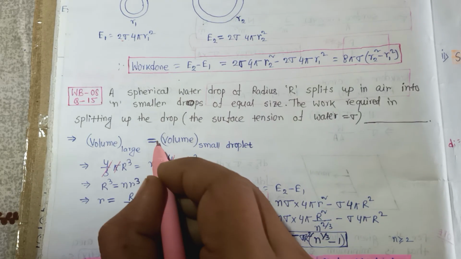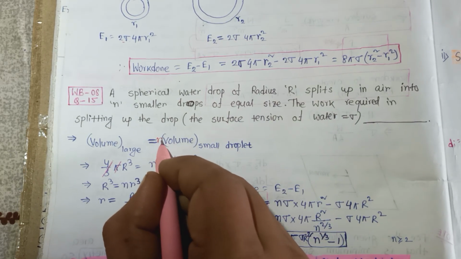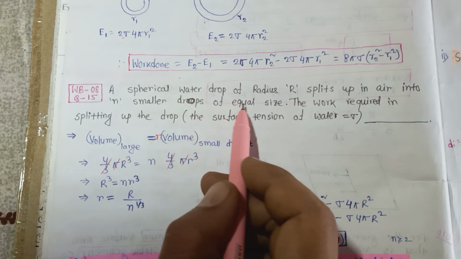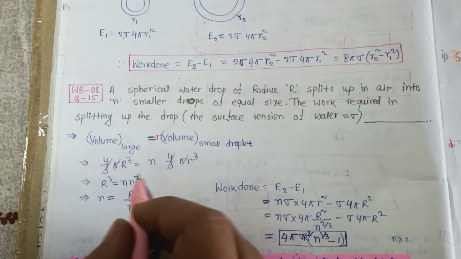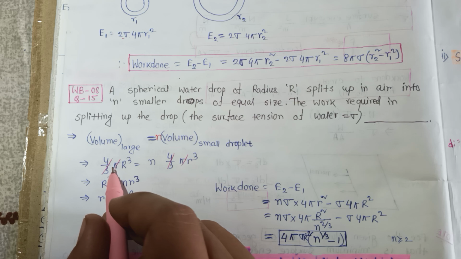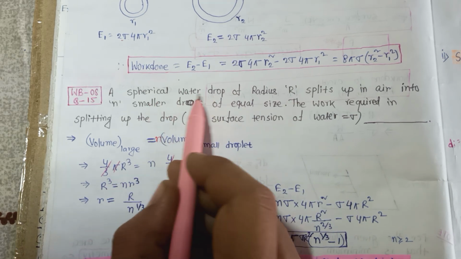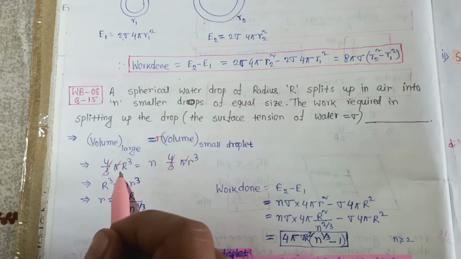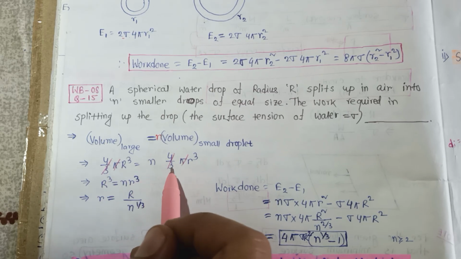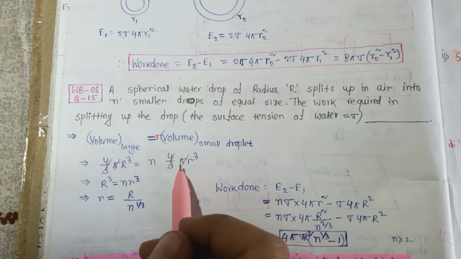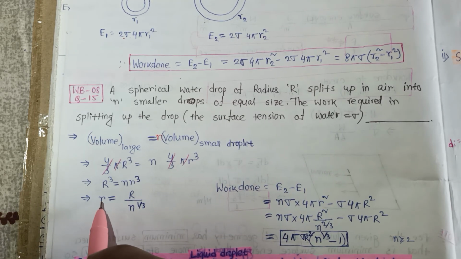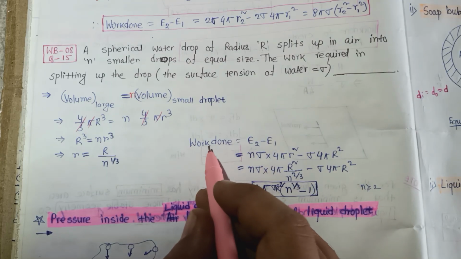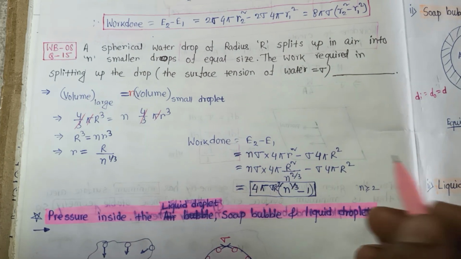It splits into n smaller droplets. So consider the smaller droplet radius as r, and the larger droplet radius as capital R. So here 4 by 3 pi R cube is equal to n into 4 by 3 pi r cube. So from here you can get the relation between r and capital R. So from here you can calculate the work done, that is E2 minus E1.